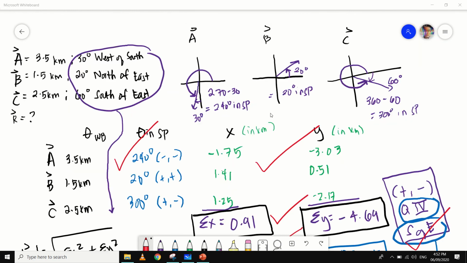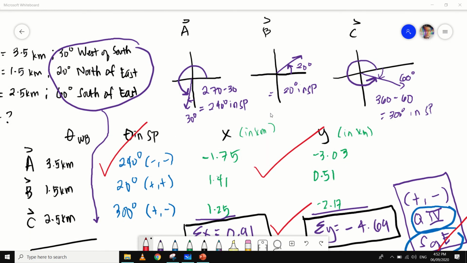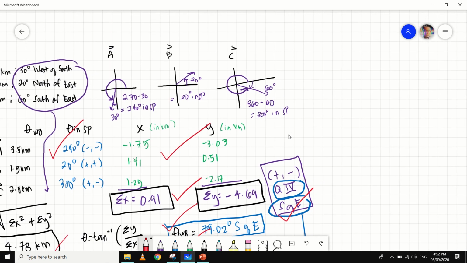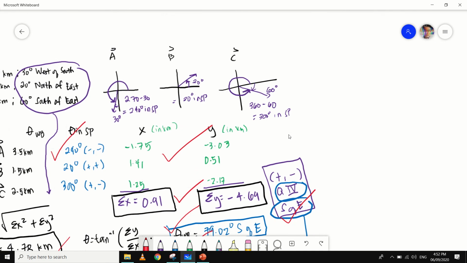But first, let's show how you would illustrate this, and whether the drawing would still agree. If we're going to illustrate this as a rough estimate, this is vector A, vector B, and then vector C. So, that's how it looks.